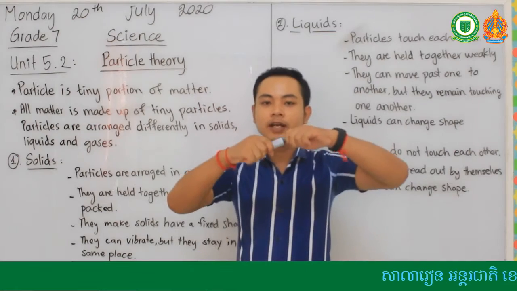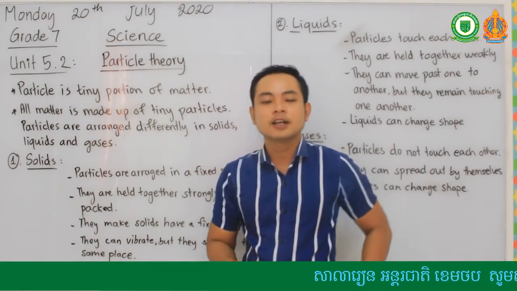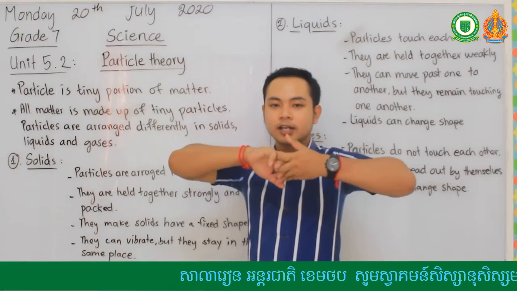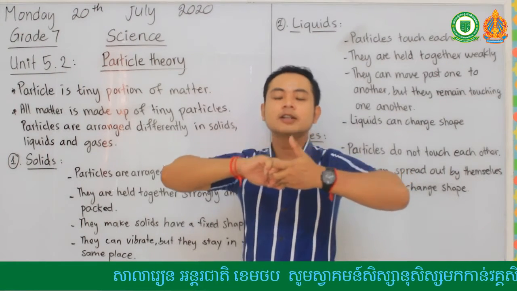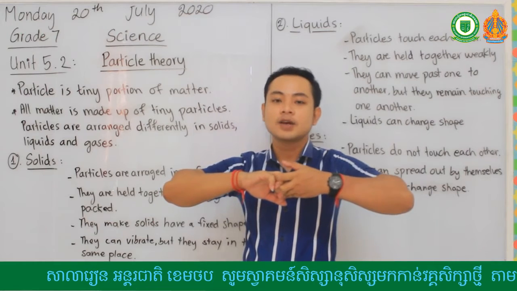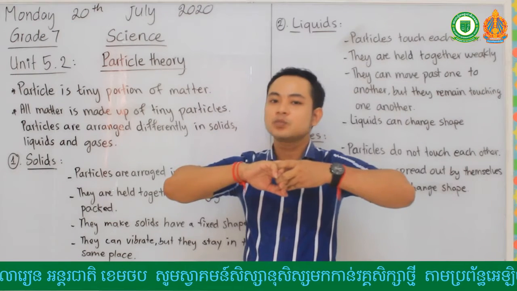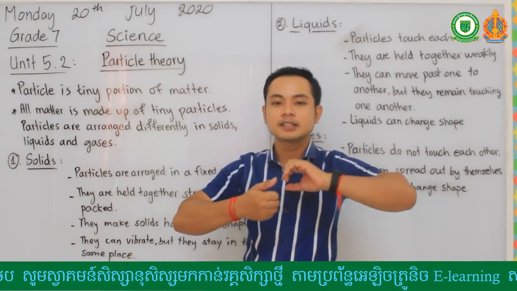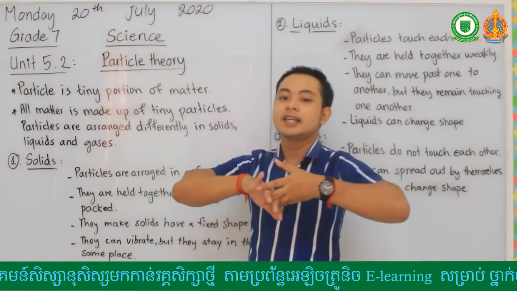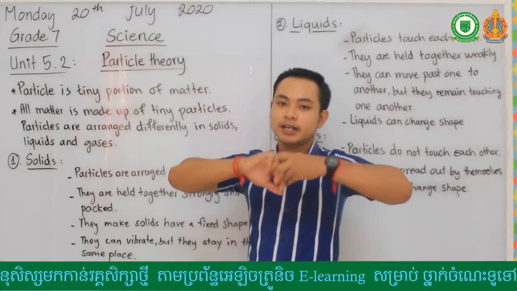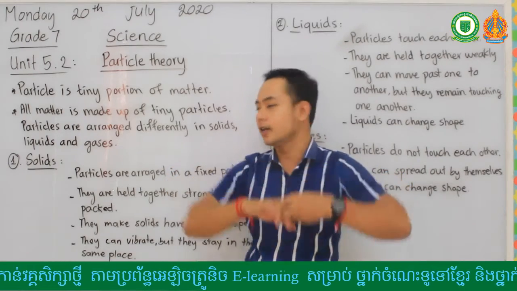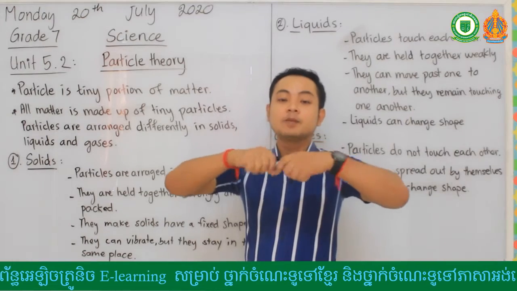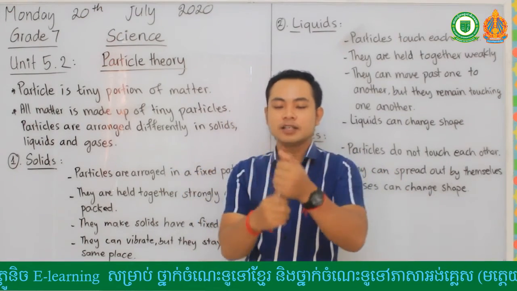They connect to each other strongly and tightly, so it will not be easy to break. The particles in solids are held tightly and strongly packed. That's why it's not easy to break this object, because it is strong.